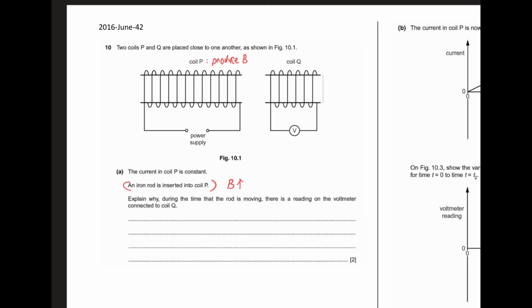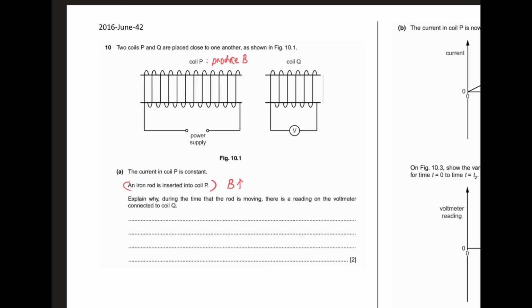Explain why during the time that the rod is moving, there is a reading on the voltmeter connected to coil Q. Because when you put a soft iron rod inside, the B is getting stronger and stronger, then the magnetic flux linkage is getting higher and higher. That means the number of lines being cut is getting greater and greater, so EMF induced is getting greater also.